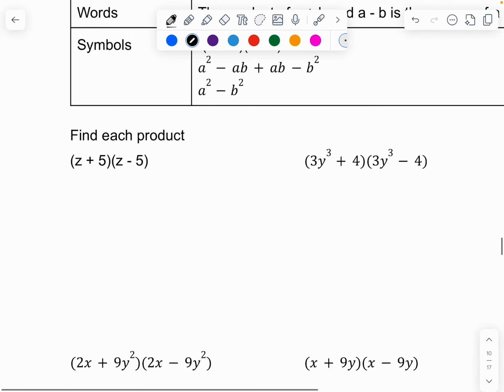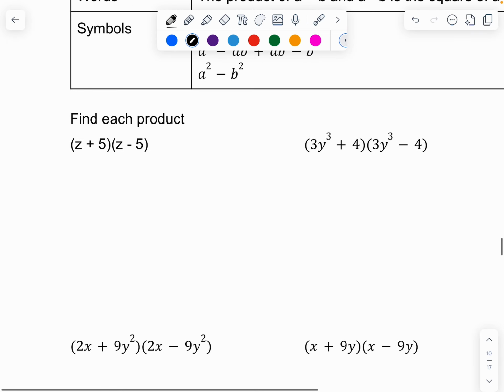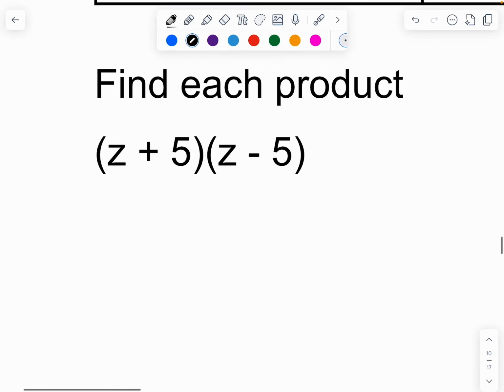Okay. Now this is something different. This is what is called the product of sum and difference. So if I look at this, do you notice they're exactly the same, except one has a plus and one has a minus? Now, we've always called this the difference of two squares, but this book calls it something else. So I multiply these two together and I get z squared.